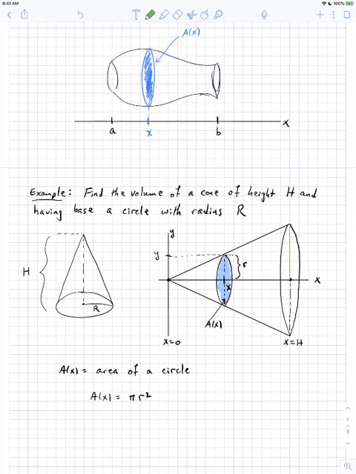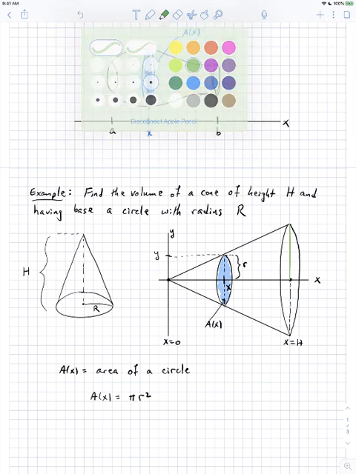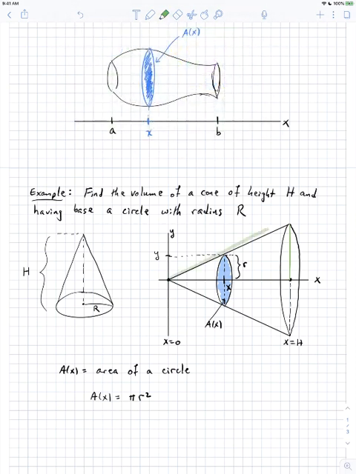So now you can see that we have two right triangles. One right triangle is this large right triangle right here. Let me just highlight that in green. So we have this green right triangle.